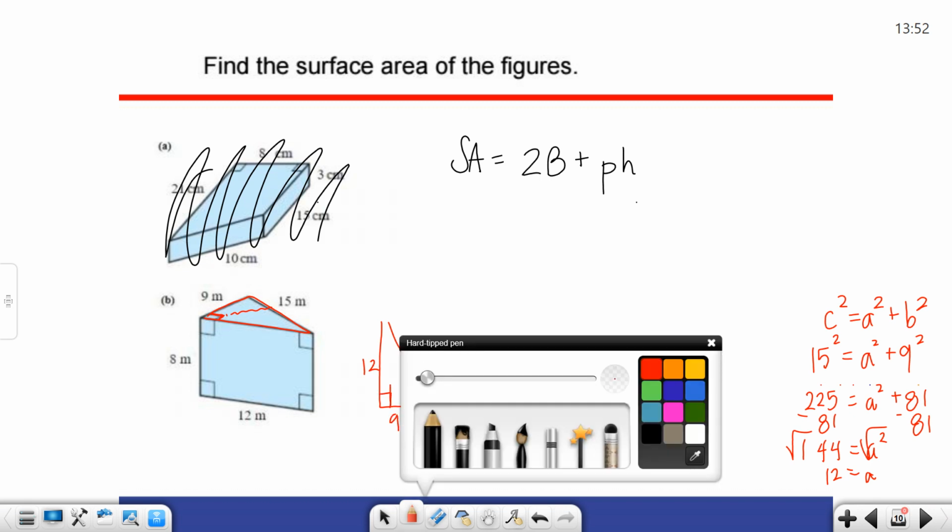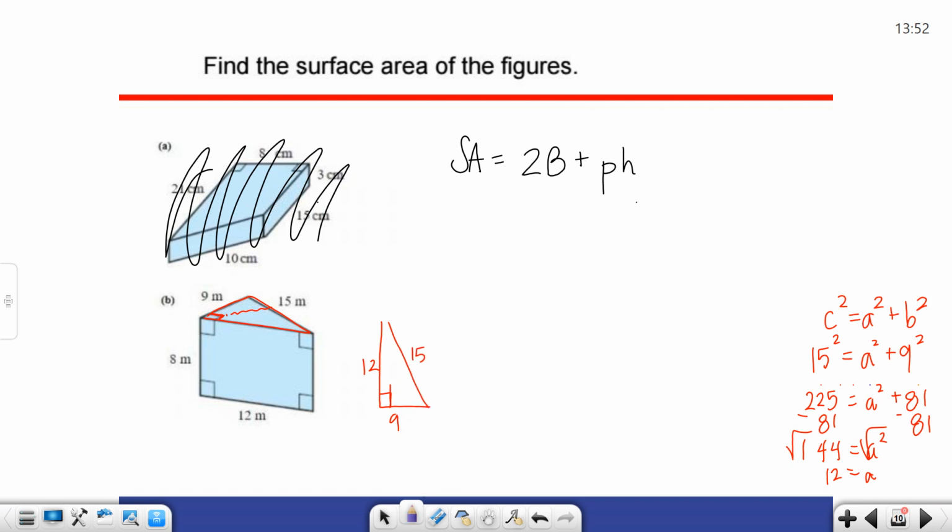Okay, so if I get ready to find the area of this triangle, the area of a triangle is 1/2 base times height. So my base for this one is 9, and my height for this one is 12. So that's going to be 1/2 of 108, which is going to be 54.